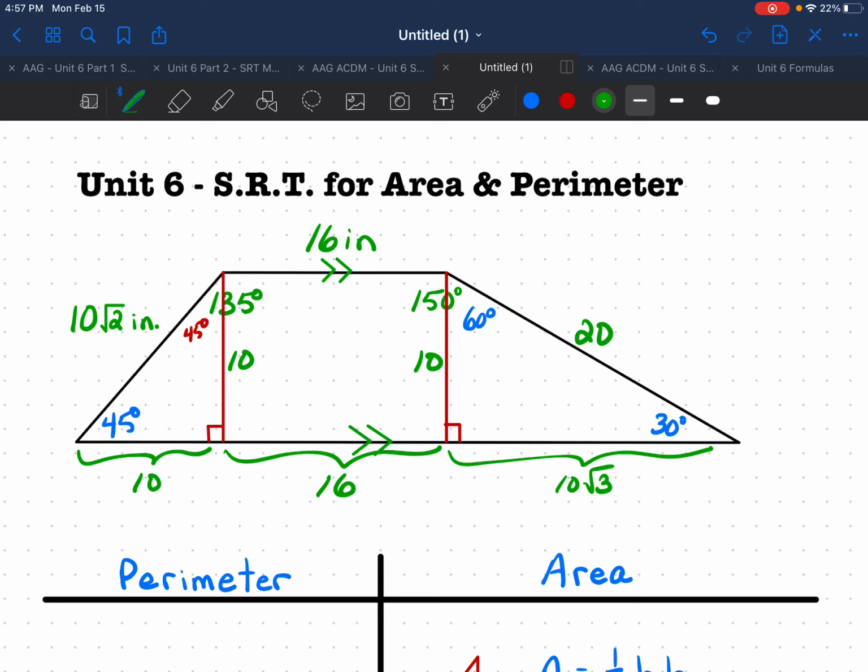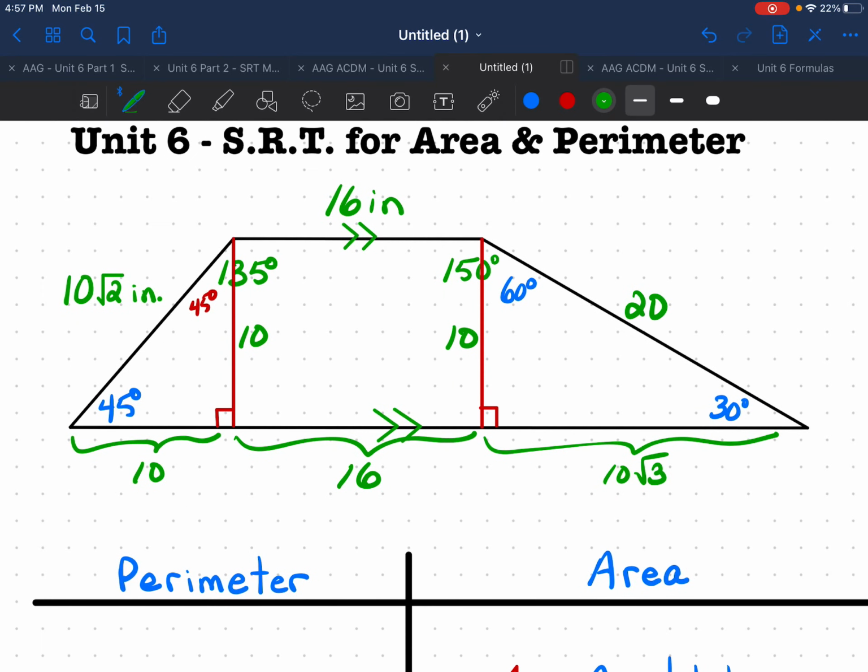All right, there's a lot of sides on the outside, so I'm just going to try to shorten this up a little bit, because I don't feel like listing out all of these numbers. 10 plus 20 is 30, plus 16 is 46, plus 16 is 62.